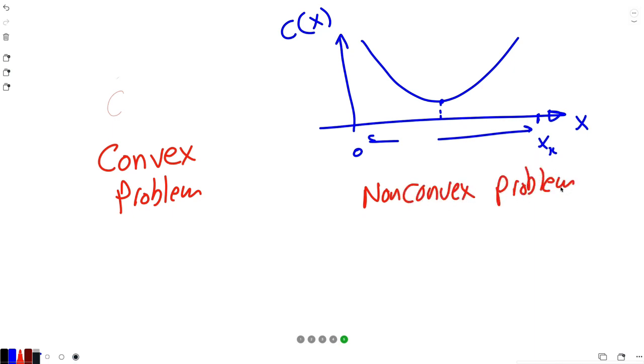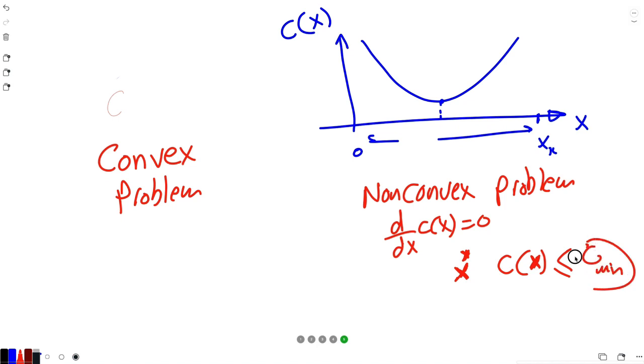So in the case of a non-convex problem, instead of looking for the critical point where the differentiation of c of x equals 0, and the minimum out of those, usually we are looking for the x which makes c of x less than or equal to a certain c minimum that we are interested in.